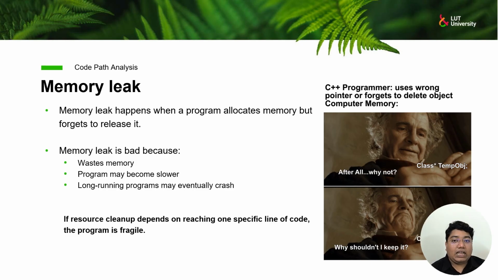What exactly is a memory leak? A memory leak happens when a program allocates memory but never releases it. That unused memory remains reserved until the program finishes. For a tiny program that runs for 1 second, you might never notice.